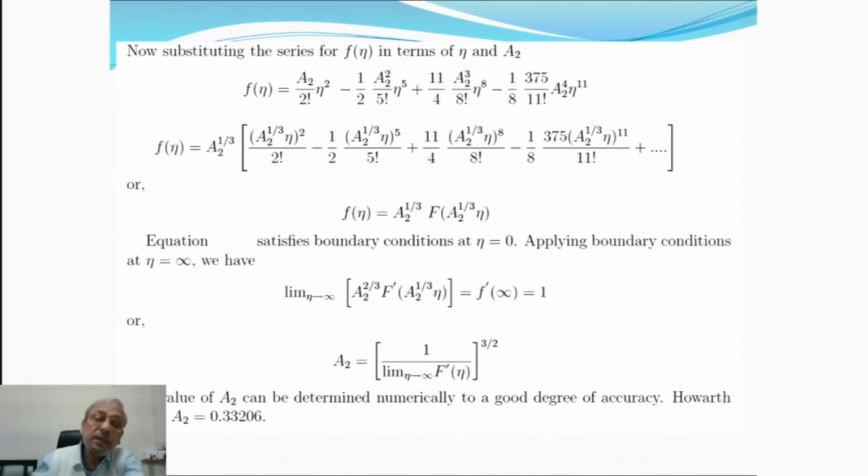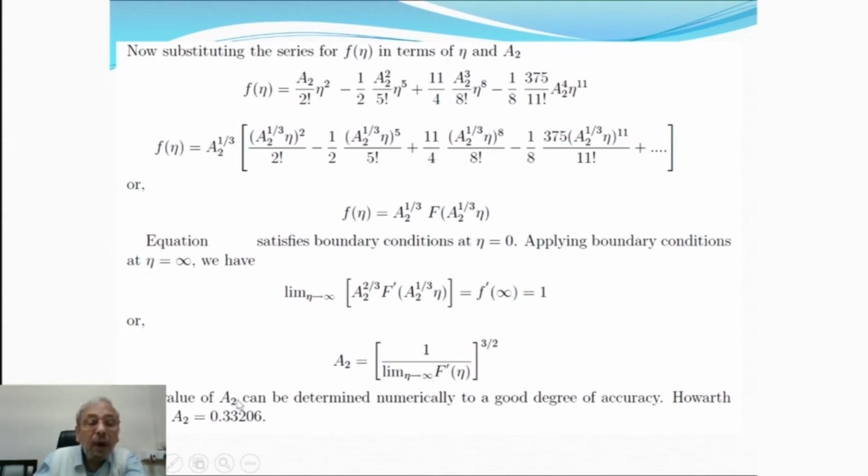And from here we can see that a2 is 1 by f prime(eta) as eta tends to infinity, to the power 1/3, and this has to be evaluated numerically, taking the full series.